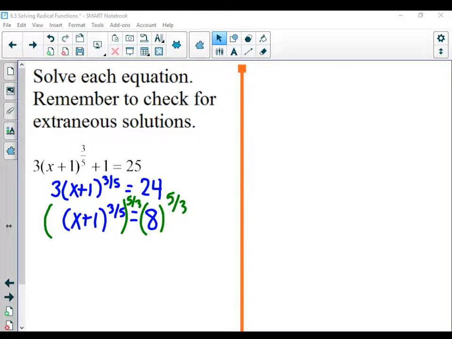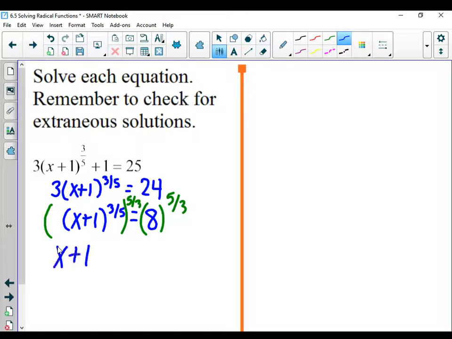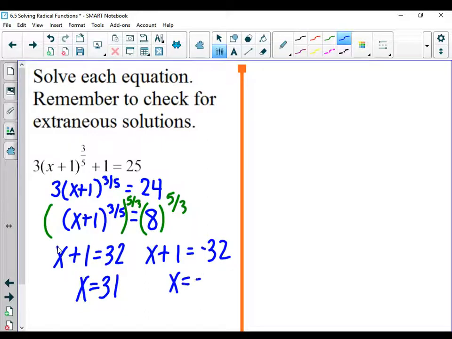So in my calculator, I have 8 raised to the 5/3, and I get 32. So I have x plus 1 equals 32. And x plus 1 equals negative 32. Okay, so if I subtract 1, I get 31. And if I subtract 1, I get negative 33.